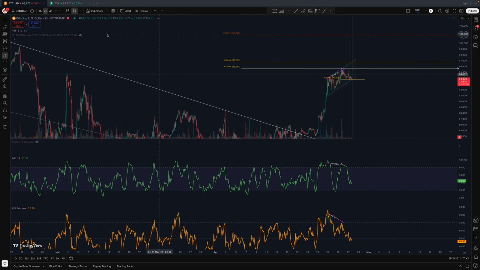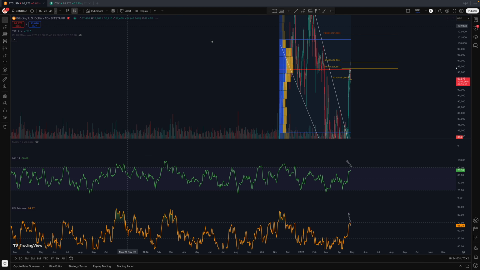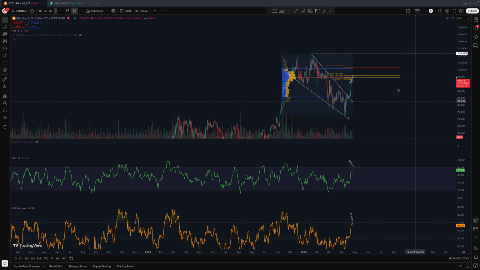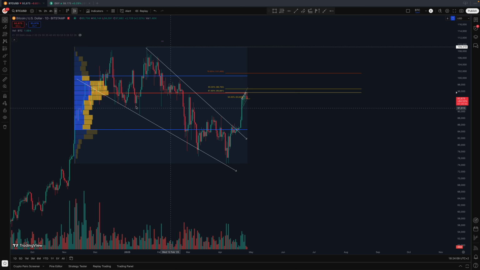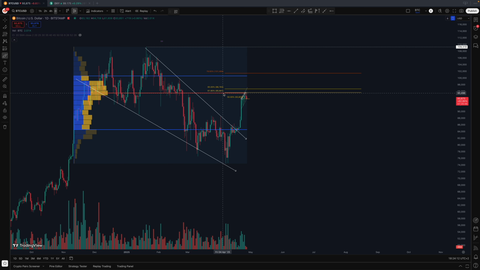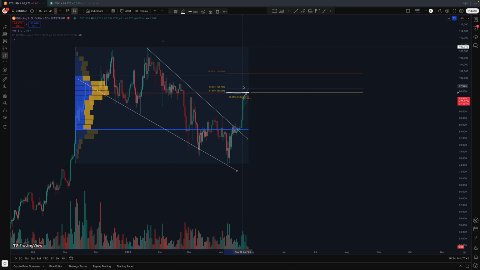If we go on a bigger time frame, I want to also show you that we are hitting quite significant resistance right here, because we are hitting the point of control of this volume profile. We are also hitting the Fibonacci golden pocket, which is usually a very big resistance point.